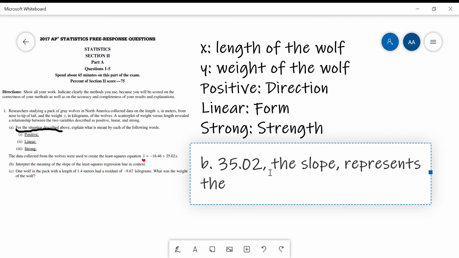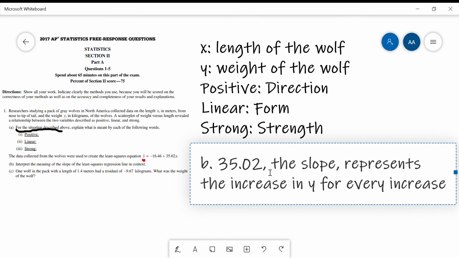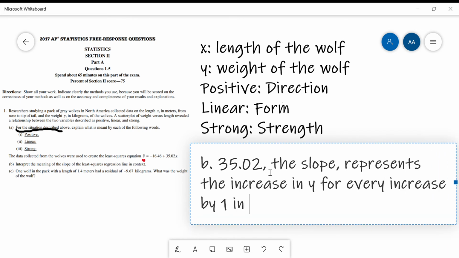It represents the increase in y for every increase by 1 in x. So every time x increases by 1, y is going to increase by 35.02. Basically saying that every time the length of a wolf increases by 1 meter, the weight of the wolf, as predicted, will increase by 35.02.